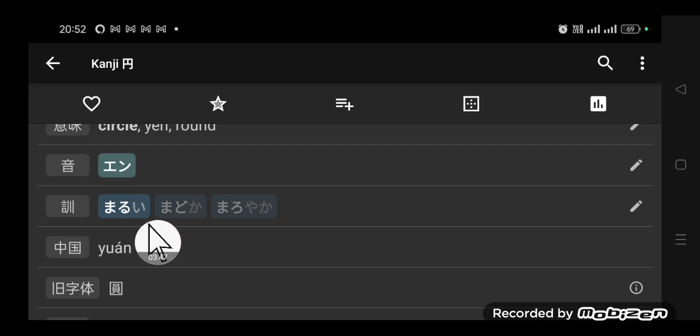So suddenly I have thought of that okurigana. The okurigana here is i, because the point of separation is here between maru and i, but this kunyomi is marui. Okay, minasan. And for Chinese reading, it's yuan. But I know what you're thinking.